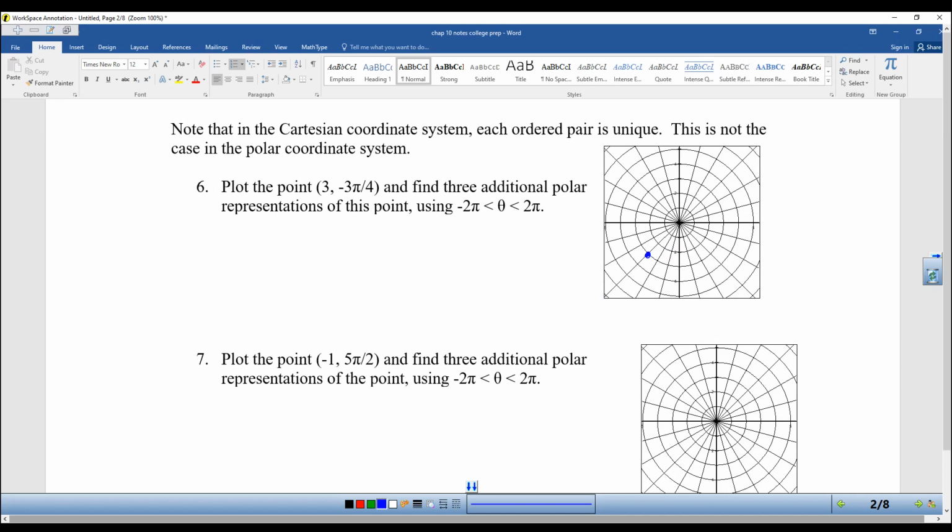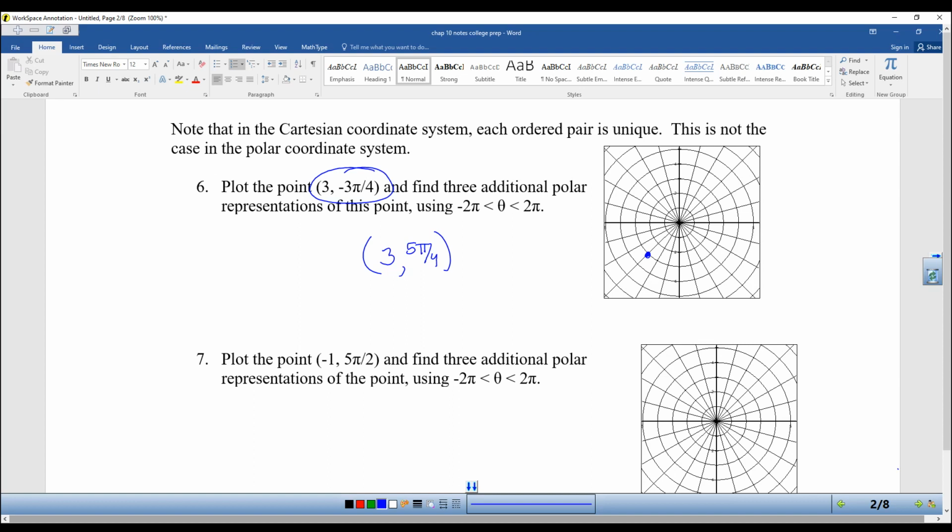But somebody else might have said, well, you went this way, but what if I had gone counterclockwise? Then this would have been 5pi/4. And they are absolutely right. This is the exact same point as (3, -3pi/4).